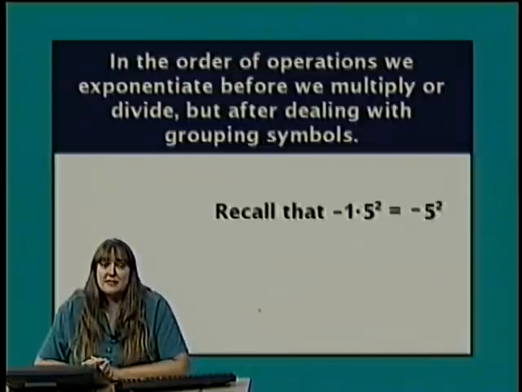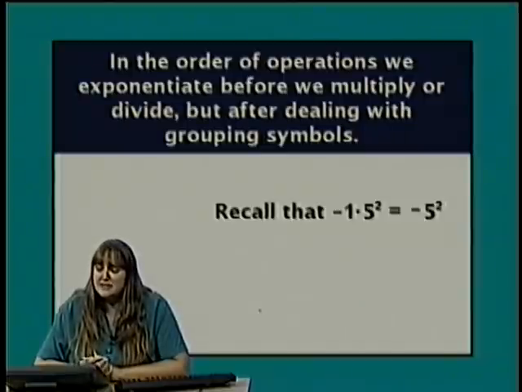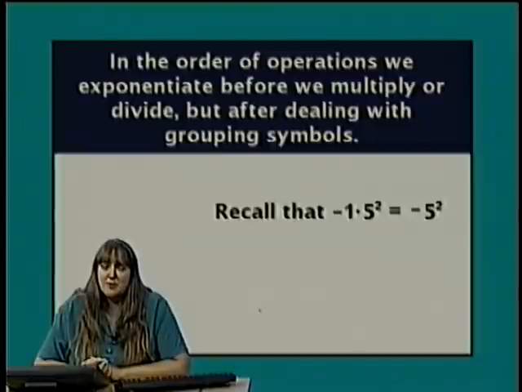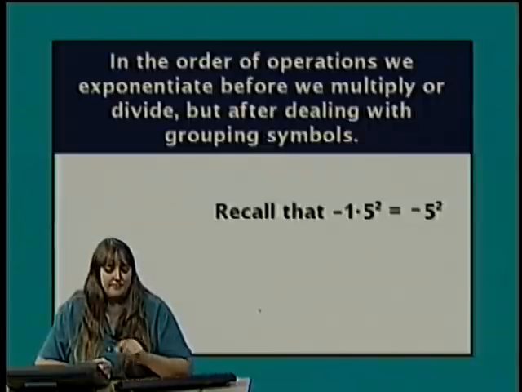Well, this now says that -1 times 5 squared is equal to the opposite of 5 squared. This is actually going to be helpful for us to remember when we encounter something like the opposite of 5 squared. If we can remember that that's the same as -1 times 5 squared, and we remember our order of operations, then we'll remember to exponentiate, or raise 5 to the 2nd power first before multiplying by -1.